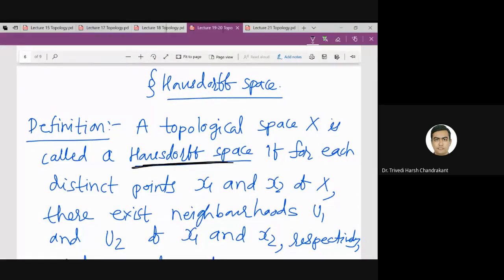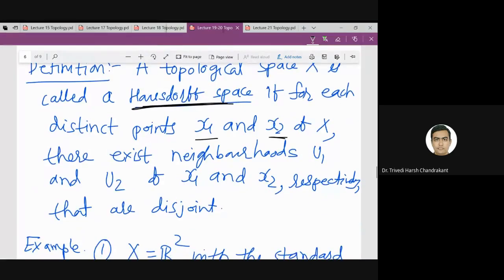A Hausdorff space is a special type of topological space which has the property that if I have two distinct elements x1 and x2 of the space X, then I can find two open sets U1 and U2. Using these open sets, I can differentiate these two points.